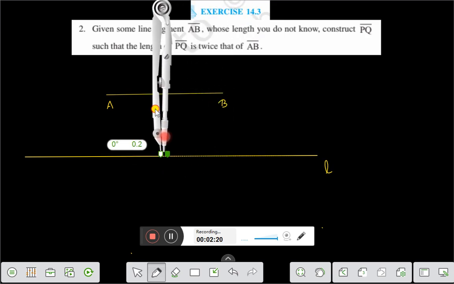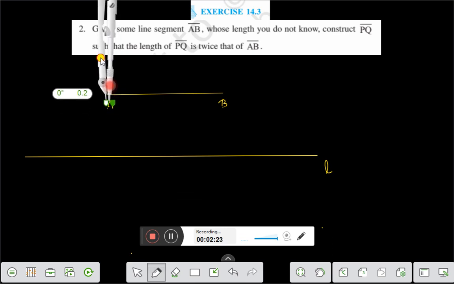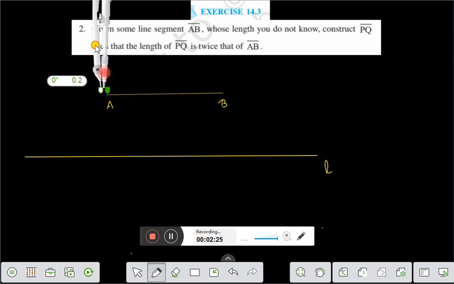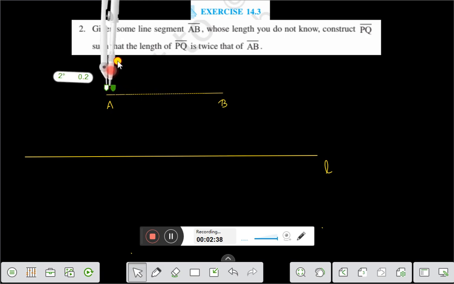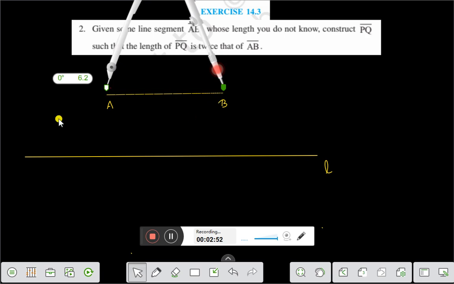The pointer is at point A, and the pencil will move to point B. We'll take this pointer on point B. Now this length is fixed.